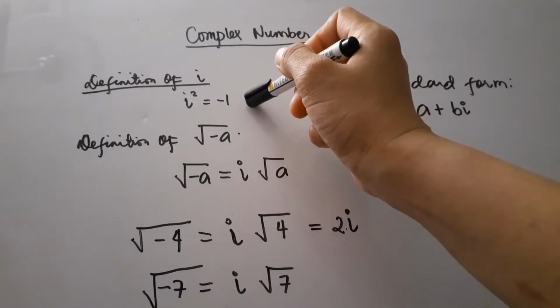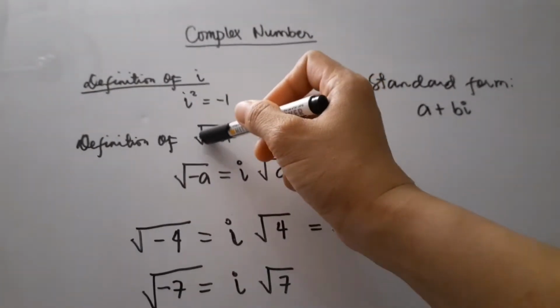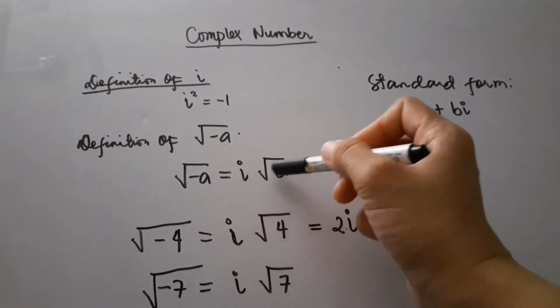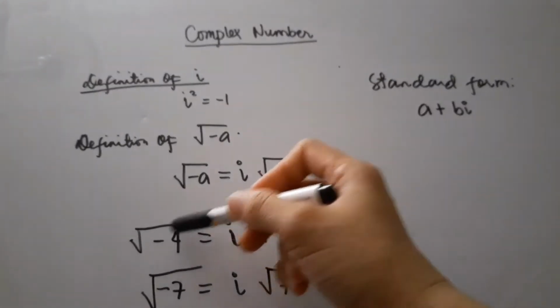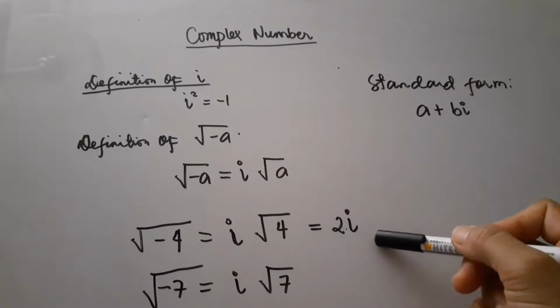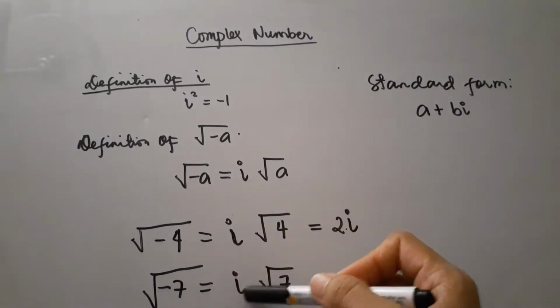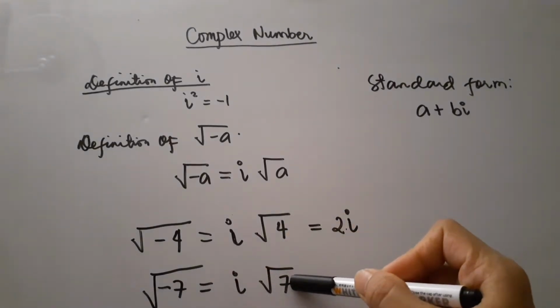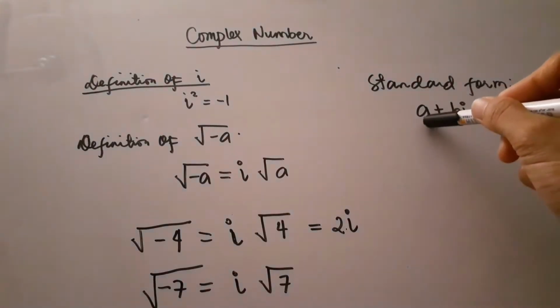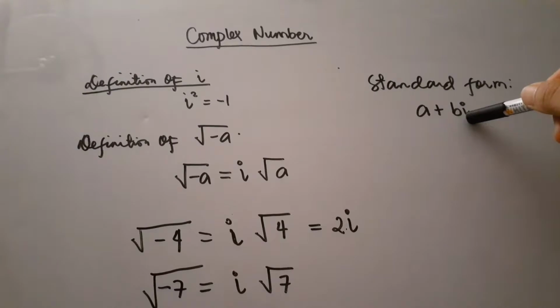And you can see the definition of the square root of negative a here, where the square root of negative a becomes i times the square root of a. Then the square root of negative 4 becomes 2i. When we see a negative under the root, we can use the imaginary number represented by i, so that the real number becomes positive.